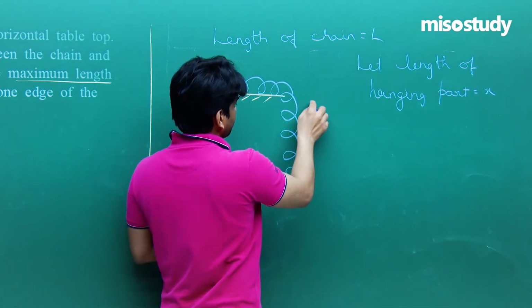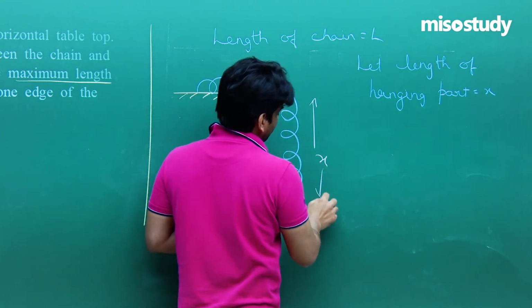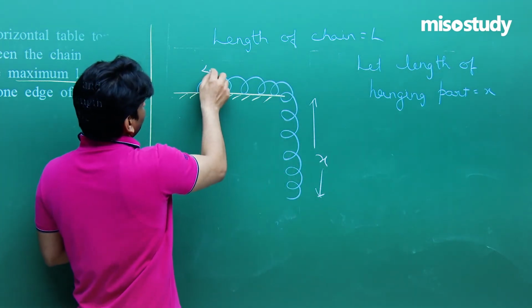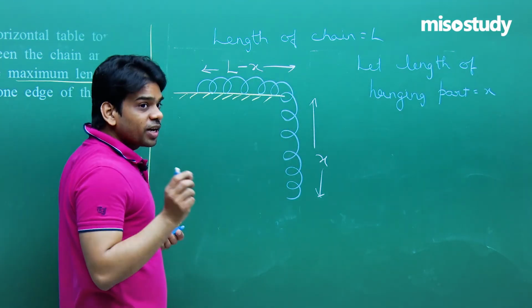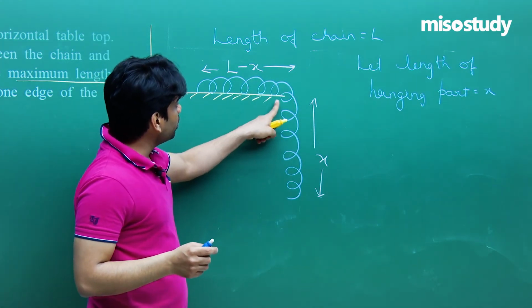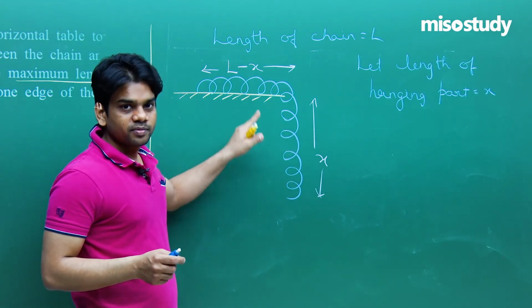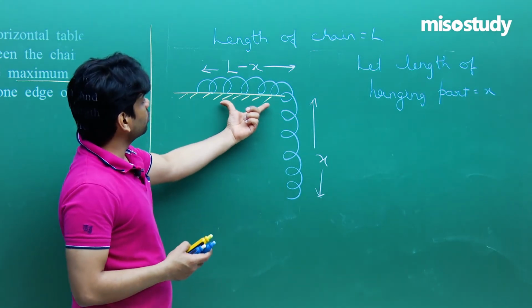That is, this length is given as x and this length will automatically be L minus x. Now see, frictional force will be acting only on this part, not on this part.